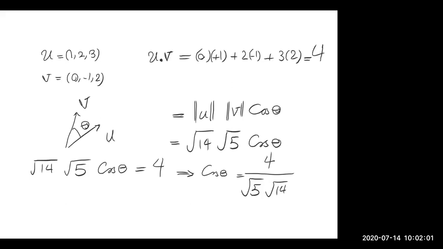Okay, what is the value? I think it's 0.47. Am I right? Is it what you got too? Okay, and then we should compute the arc cosine of this thing. So theta would be arc cosine of 0.47.